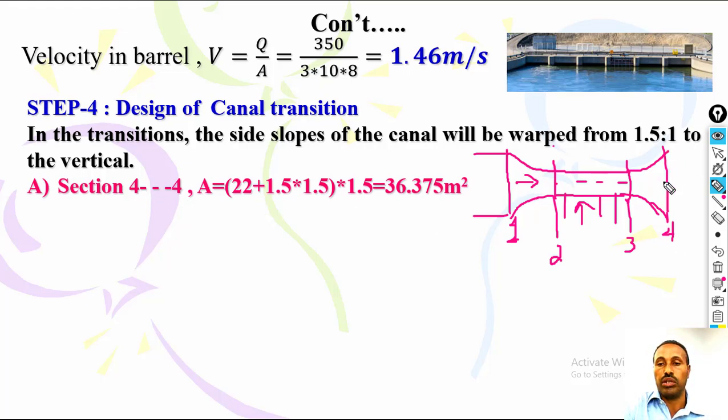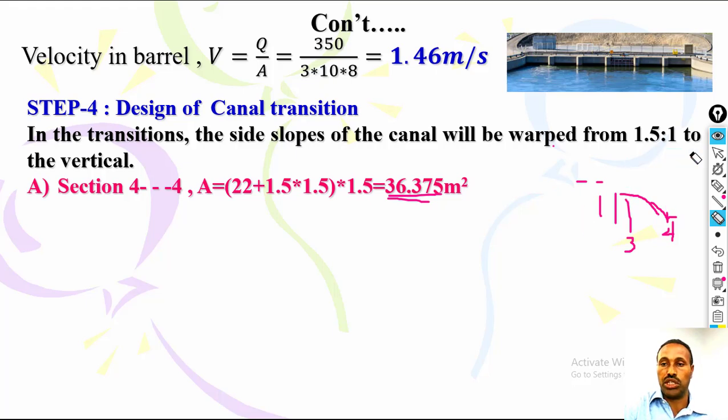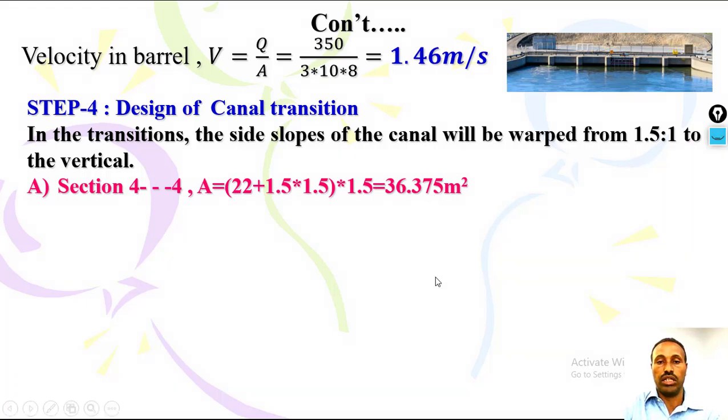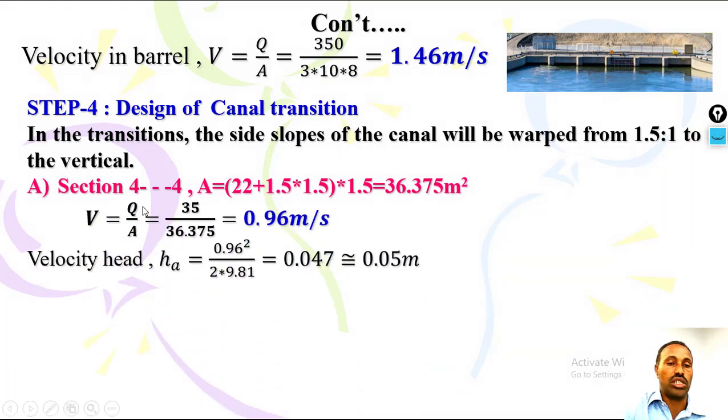You will have the trapezium formula, B plus M times Y, times Y. This is constant depth. So this is the area of flow, like a trapezium cross section at this point. Then you have this area, and you calculate the velocity. You have the discharge in the canal already known. So the velocity is Q over area.